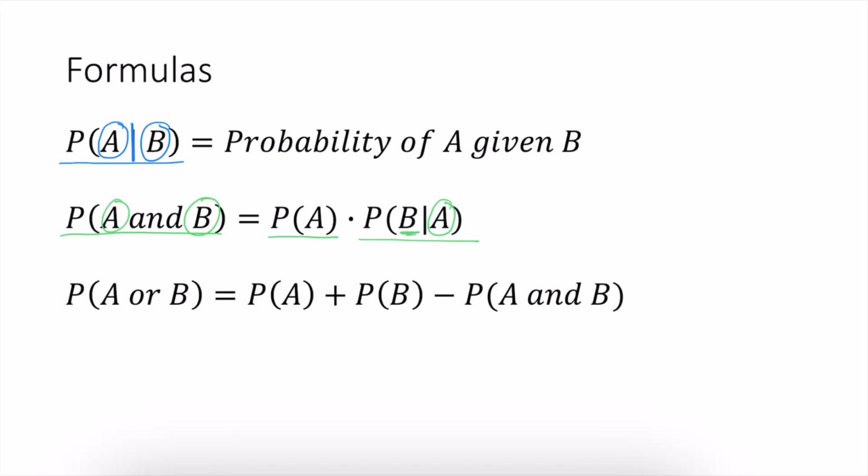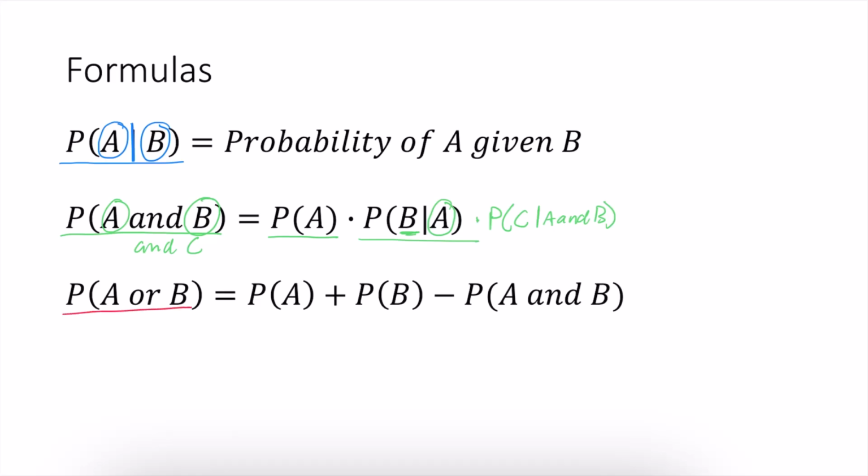So if you wanted to find the probability of event A and B and C happening, you would do the probability of A times the probability of B assuming that A happened, and then the probability of C assuming that both A and B happened. Basically, you could extend this for however many events you have. You just assume that all of the previous events have happened, and you use that to find the likelihood that the next event happens. So that's the formula for and probability.